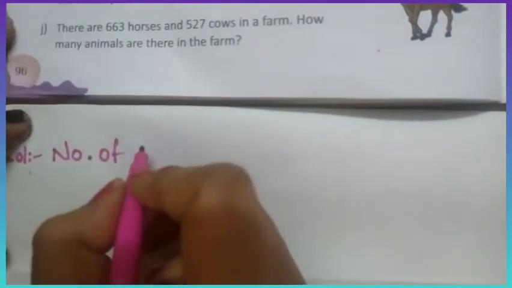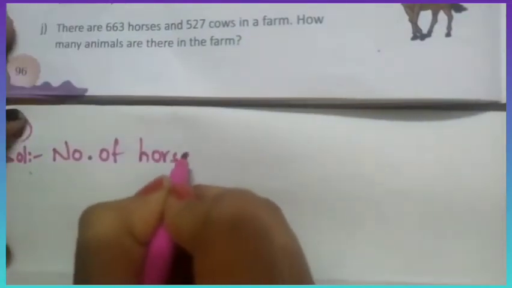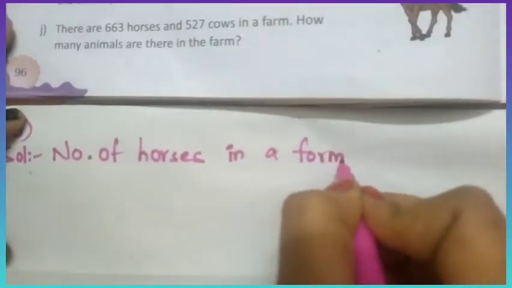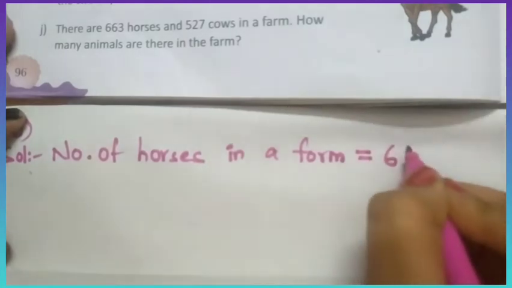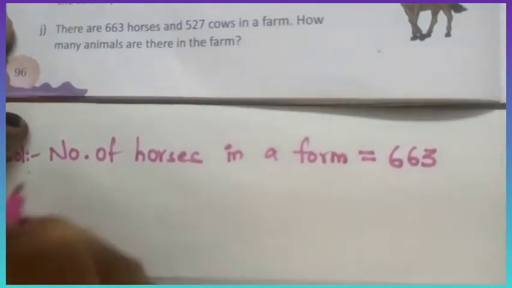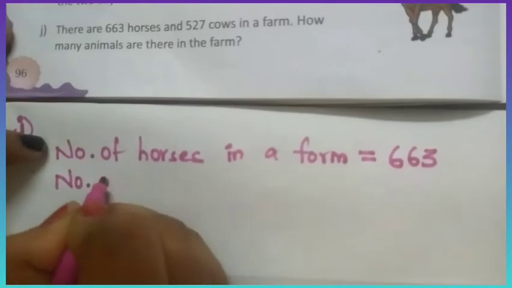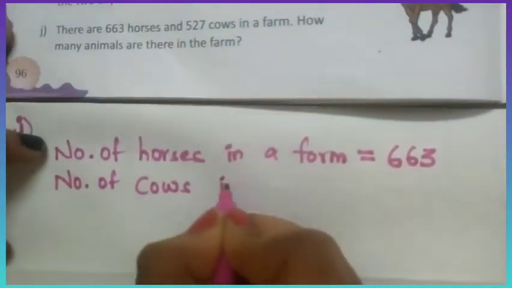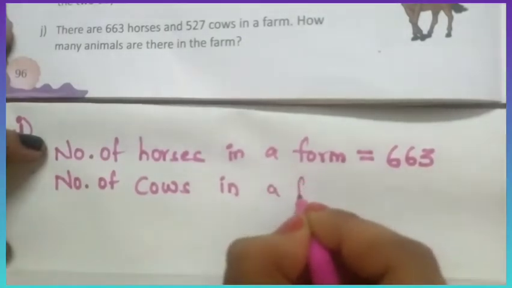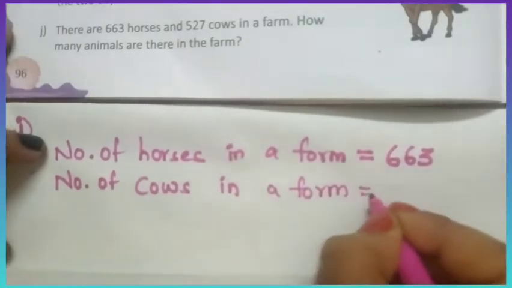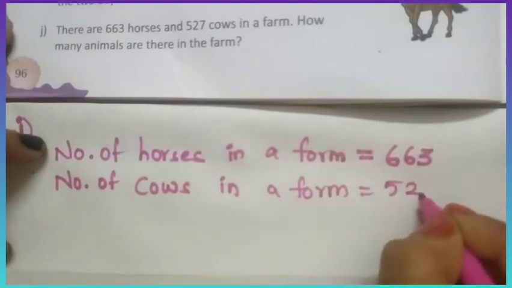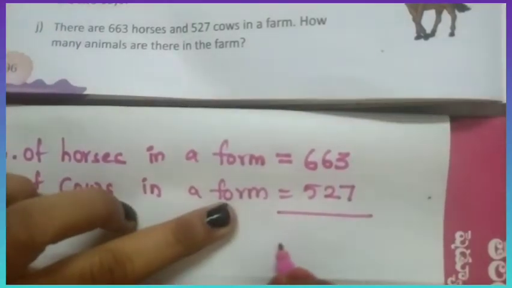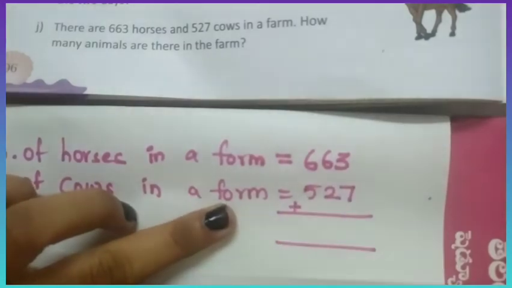So number of horses in a farm, 663. Now number of cows in a farm, 527. Now add these two, we'll get total number of animals.